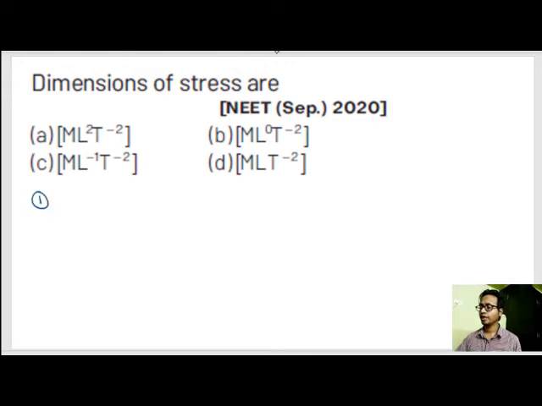Okay, so the formula that we know is stress is equal to force by area. Stress and pressure have the same units and dimension.